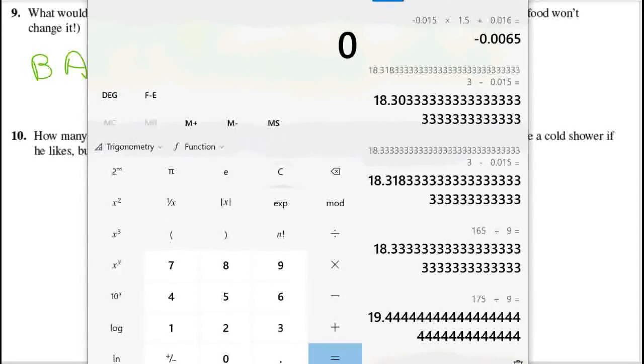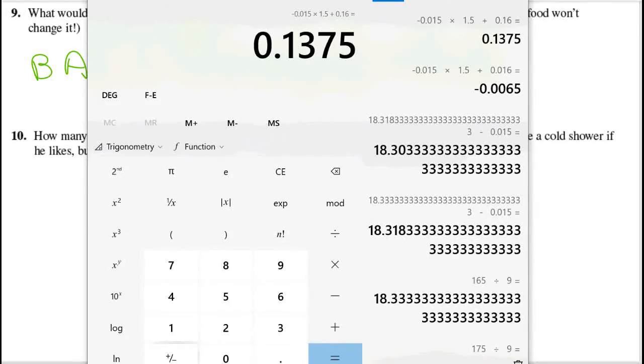Okay. 0.015 negative times 1.5 plus 0.16, not 0.016.